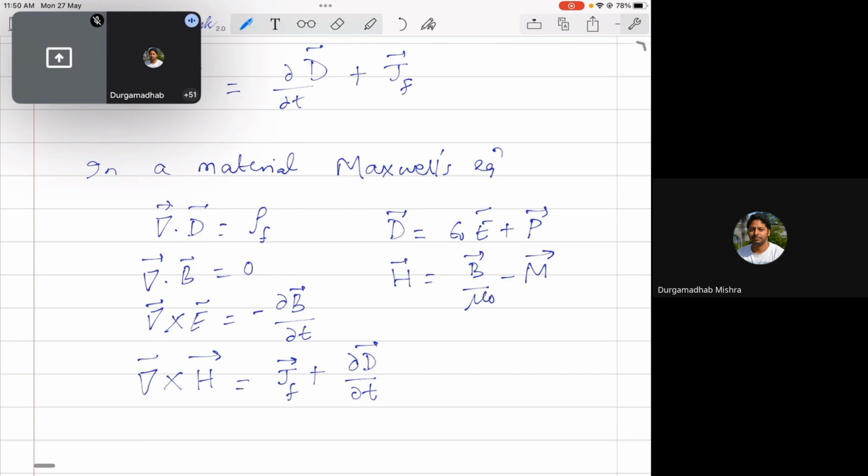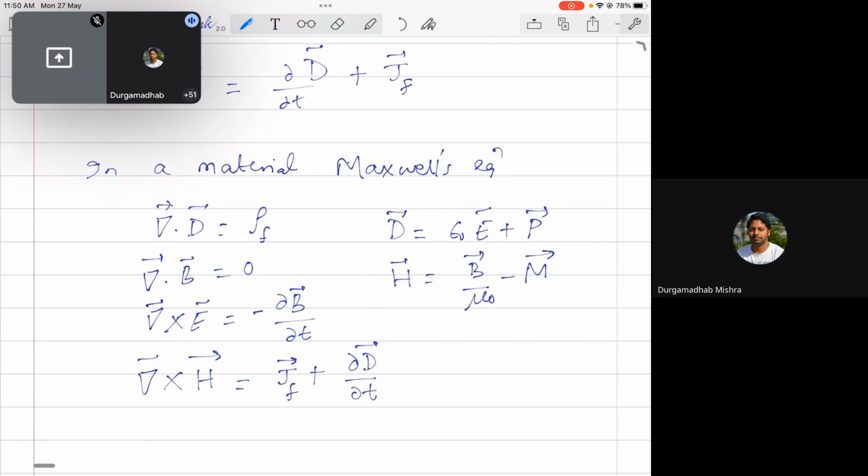So your original electric field induces dipoles, which creates the polarization, which results in an additional vector, the electric displacement vector in the material, which is different from your original electric field.